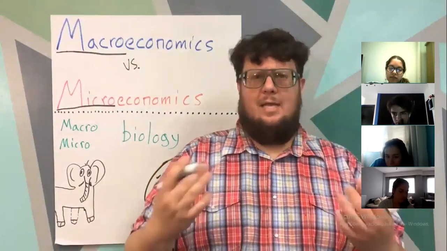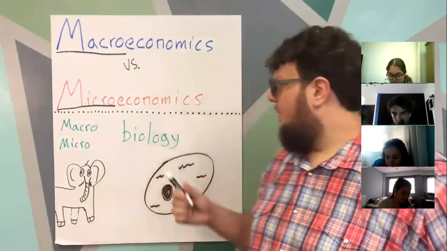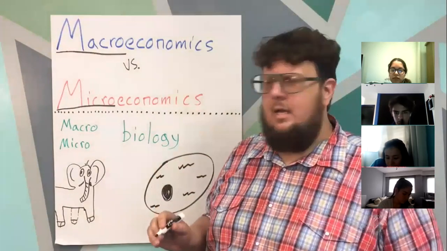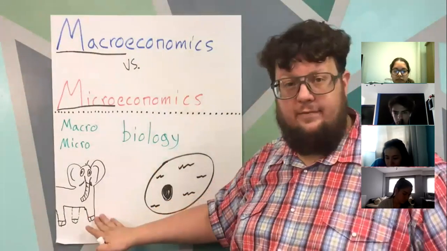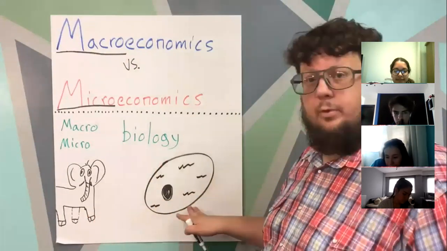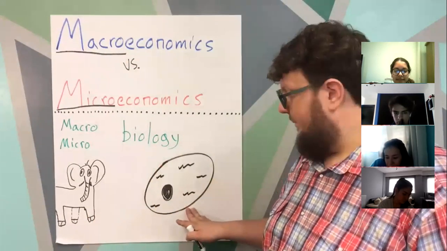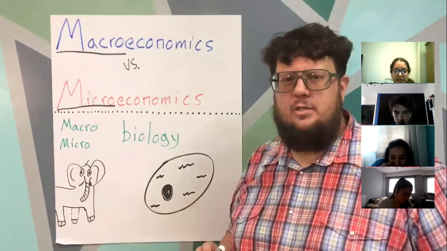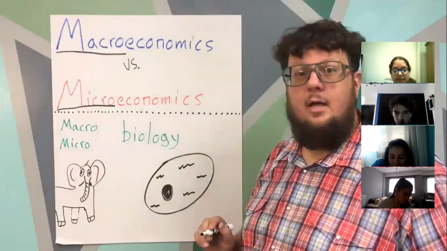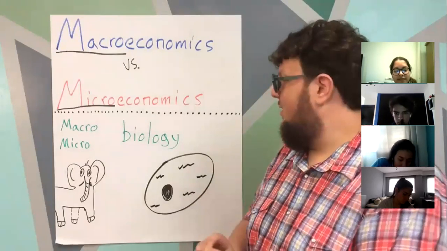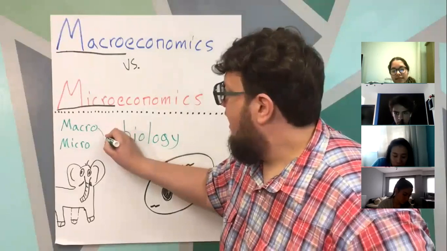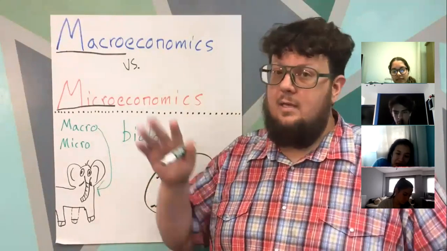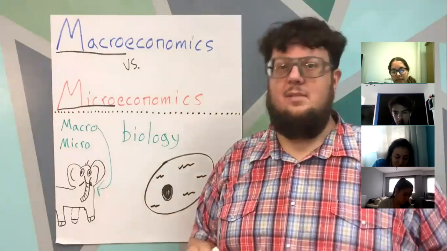So let's take an example from another area of study. How about biology? There's macrobiology and microbiology. So I've drawn a picture of Tusco the elephant here and Glue Bar, the single-celled organism. So who do you think represents macrobiology, Tusco or Glue Bar? If you said Tusco, you are correct, because macro is to do with large things, and we can see Tusco, we can touch him if he's friendly, we can ride him if he's in a circus.